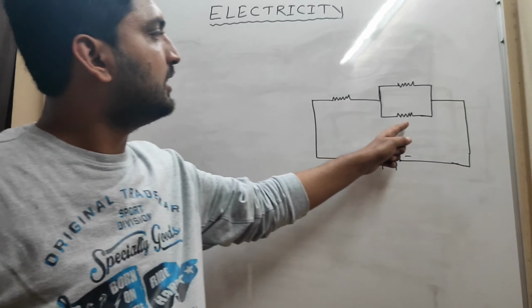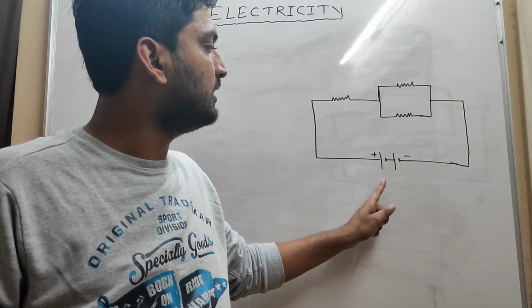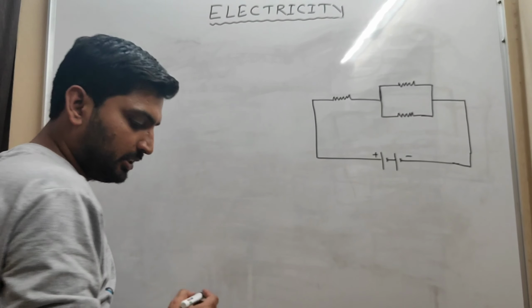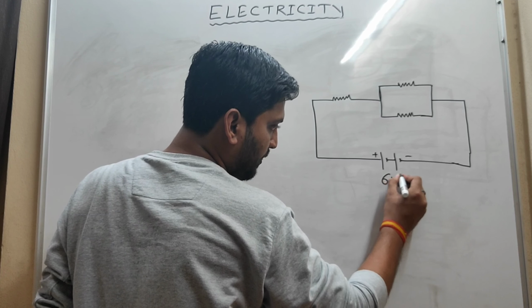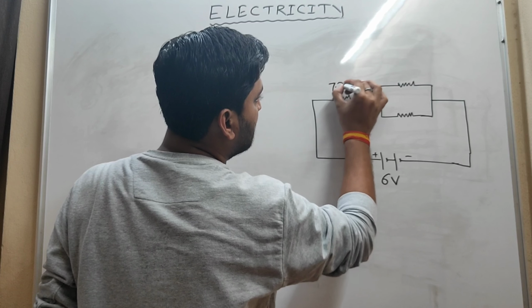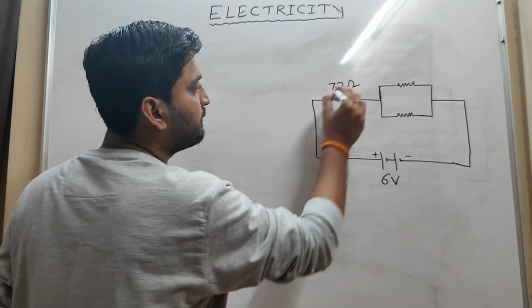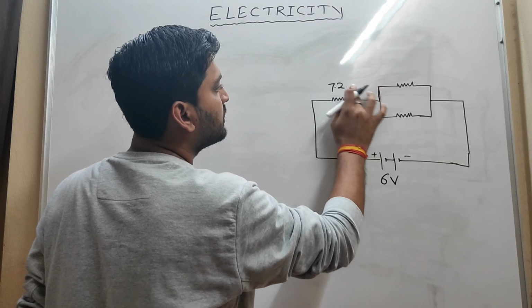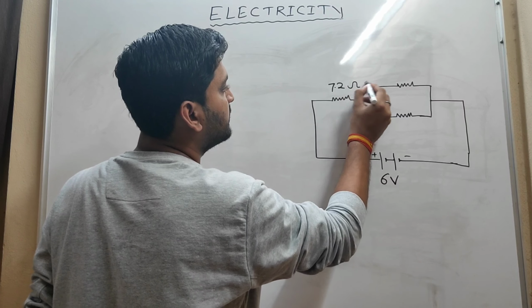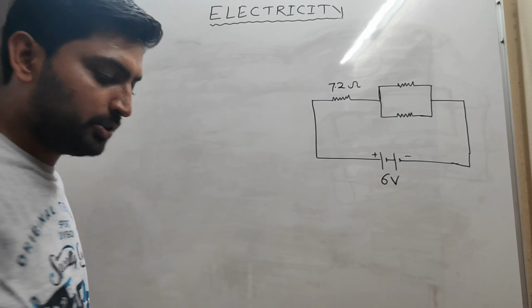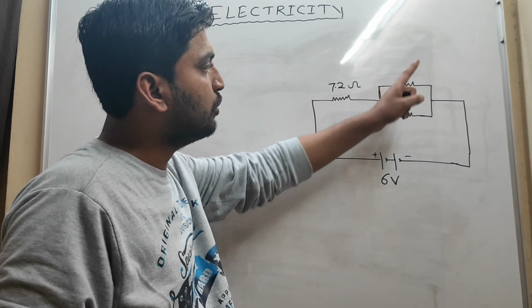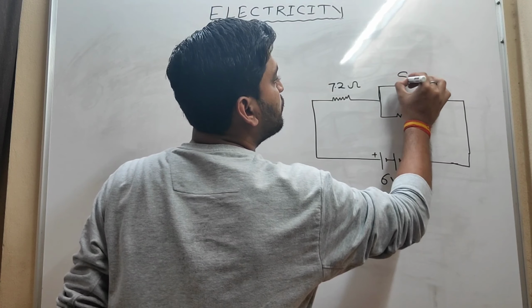This resistance R1, R2, R3 and potential differences. Let us suppose this is 6 volt. Let us suppose this 7.2 ohm, sorry, ohm not ampere, it is resistance. Now let us suppose this as 8 ohm and this as 12 ohm.